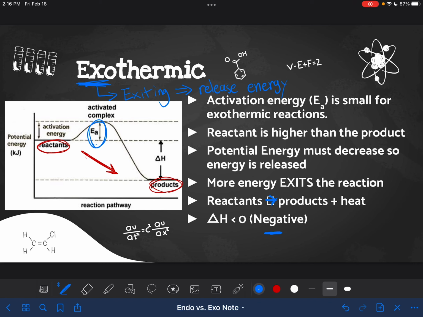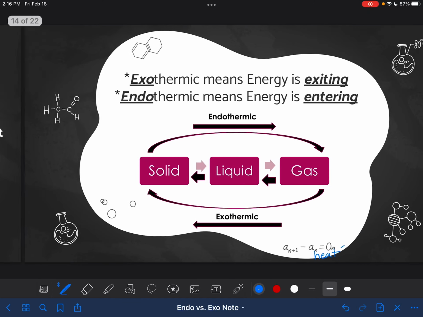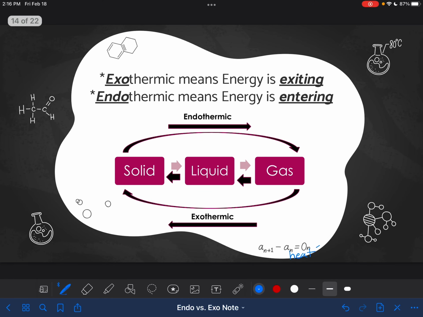So now that we vaguely understand what exothermic and endothermic reactions are, this is something I mentioned previously, so you guys should be able to understand this. Now, if you remember the states of matter, which are solid, liquid, gas, if we absorb heat, we will melt the solid into a liquid and liquid into gas.